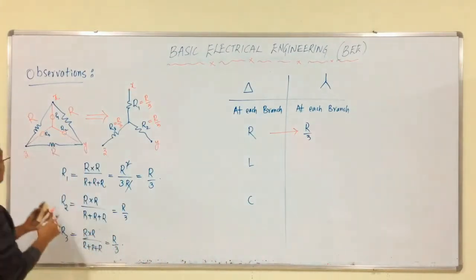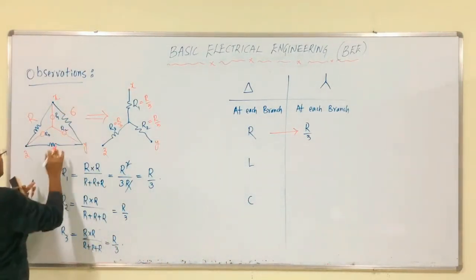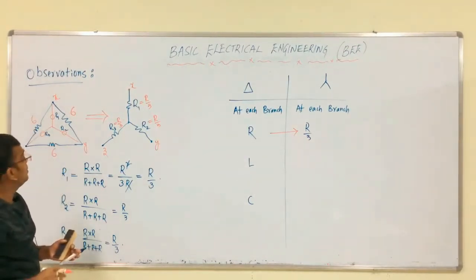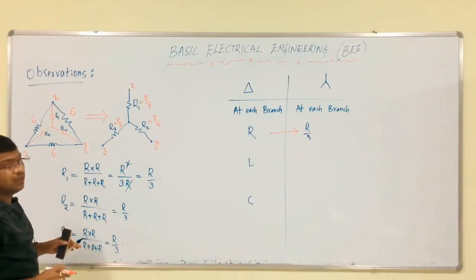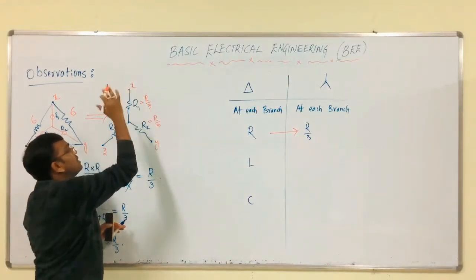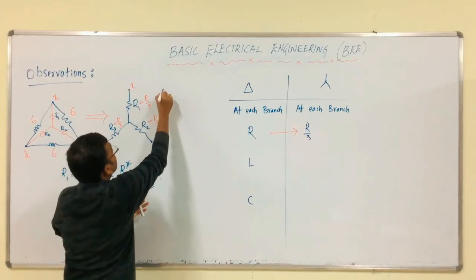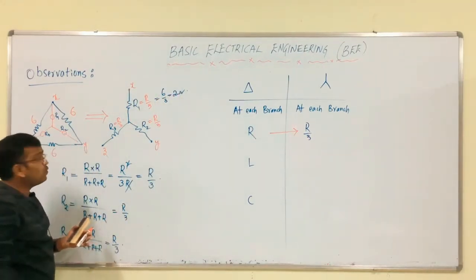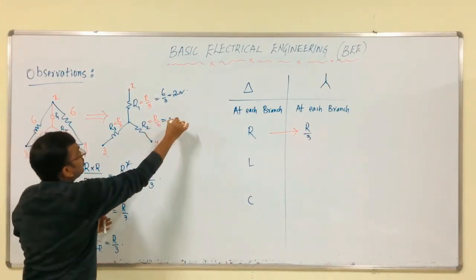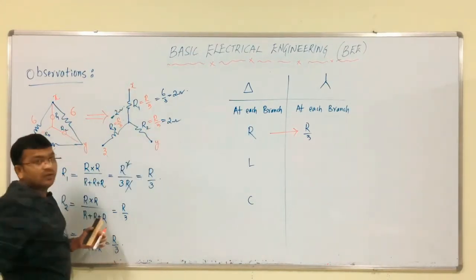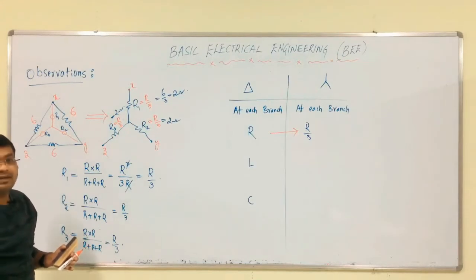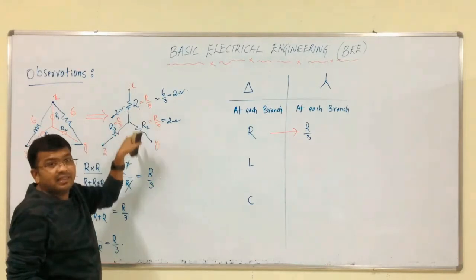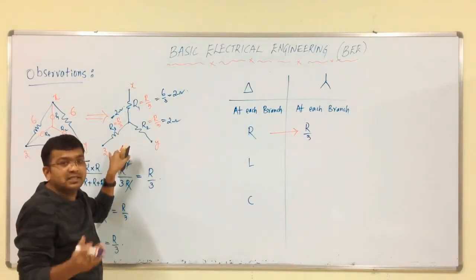For example, if we have 6 ohms at each branch, then the equivalent resistance in star connection is 6 by 3, which equals 2 ohms. If it is 9, it is 3, simply 9 by 3, that is R by 3.